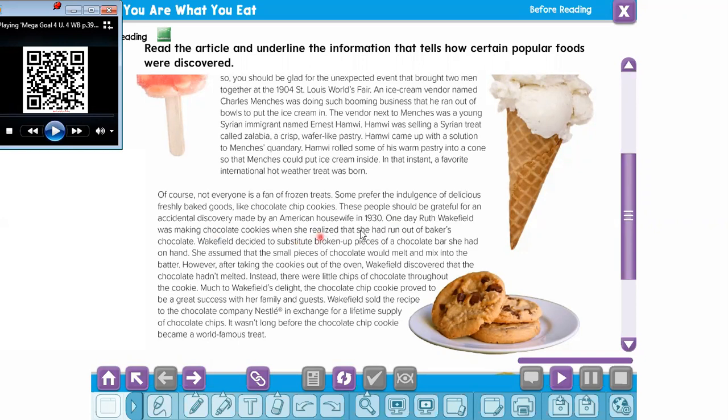So yes, she was making chocolate cookies. The circumstances that made her create or discover this kind of food. If we read it carefully, we can know the details that help us to know that this person discovered the chocolate chip cookies accidentally. Okay, thanks, Omar.